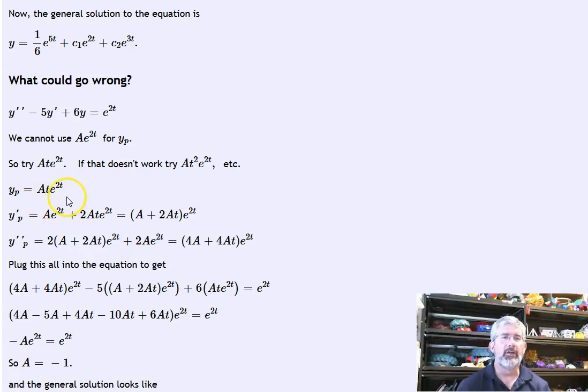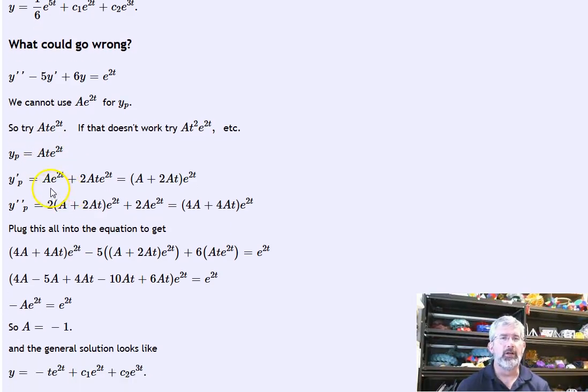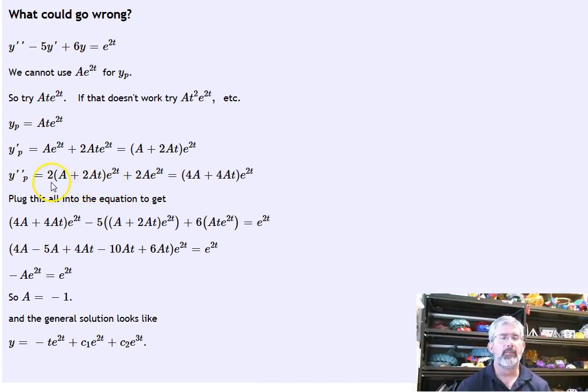If I take a guess like this, I've got to do a product rule here, with a times t as my first and e to the 2t as the second. So derivative of the first times the second plus the first times the derivative of the second. Factor out the e to the 2t, it looks like this. And then the second derivative, again, you've got to do a product rule on that thing, and factor out the e to the 2t, and I get this.